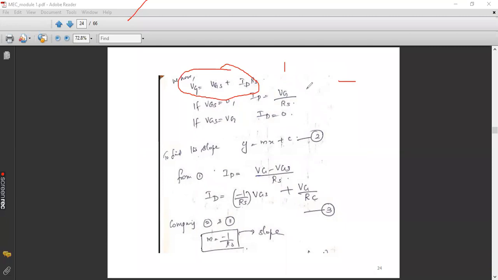Sai Hassan, which is the y-axis parameter here? Tell your answer. This equation VG equal to VGS plus IDRS was the equation that you got after applying the KVL. You need to rearrange this equation in the format of y equal to mx plus c, so the y parameter should be on the left side.